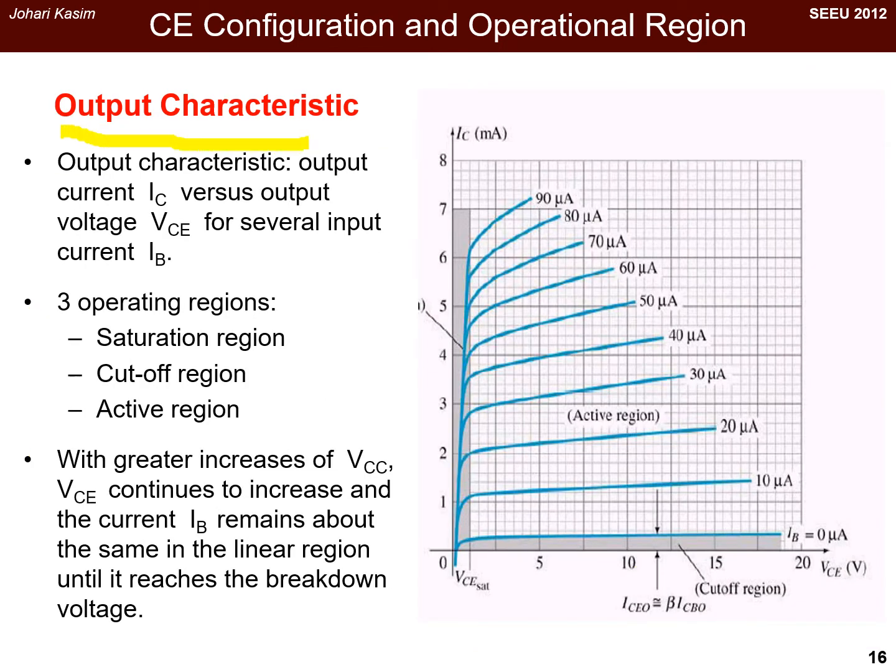This is the output characteristic of the transistor BJT, where the output characteristic is more important compared to the input characteristic. The output characteristics show output current IC versus output voltage VCE for several input currents IB. There are three operating regions.